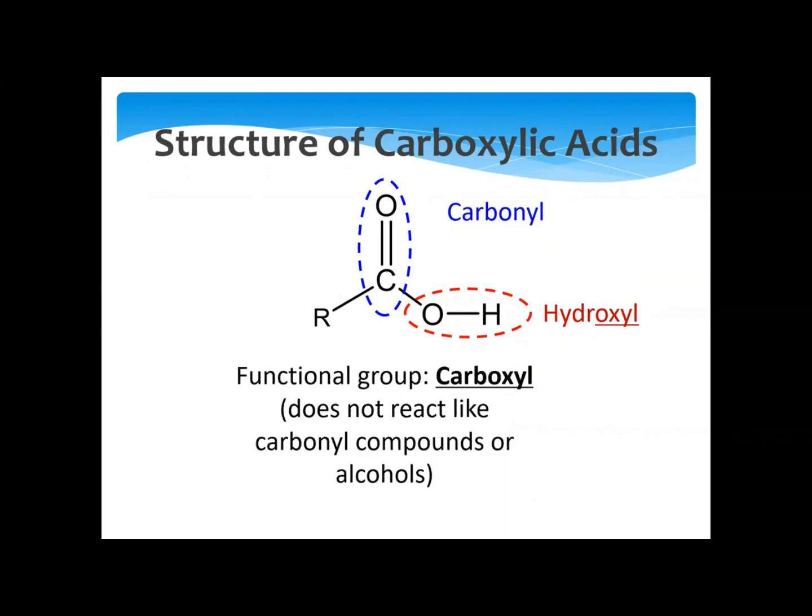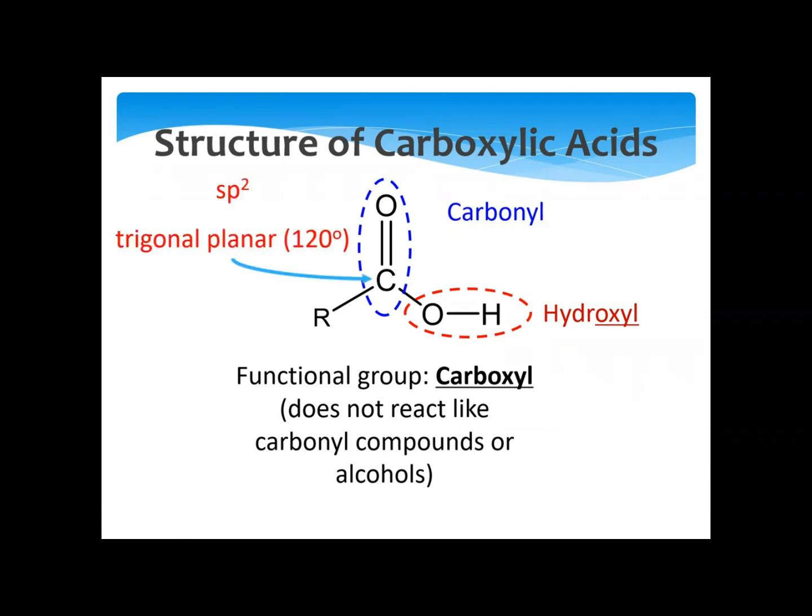It's kind of like a combination between carbonyl and hydroxyl, therefore the carboxyl functional group. However, when the carbonyl group and hydroxyl come together to form the carboxyl group, they do not really react like carbonyl compounds or alcohols. So later we'll also take a look at what reactions carboxylic acids will undergo.